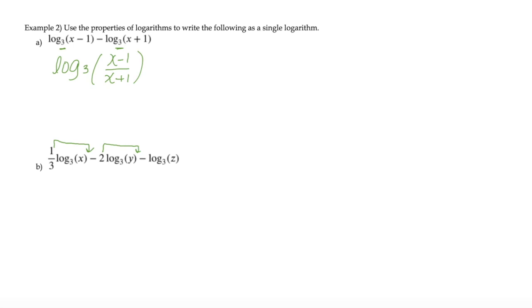We finished it off by the exponent rule. Now we have log base 3 of x to the 1/3 minus log base 3 of y squared minus log base 3 of z. I'm going to also work left to right, so I'm going to do these first two.